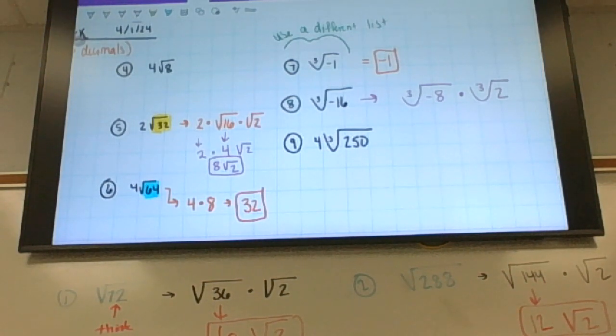That is a really difficult transition. 8 wasn't in this one. We're using this one. Very difficult. So the cube root of negative 8 is negative 2. And the 2 is still stuck underneath. So here's our answer.